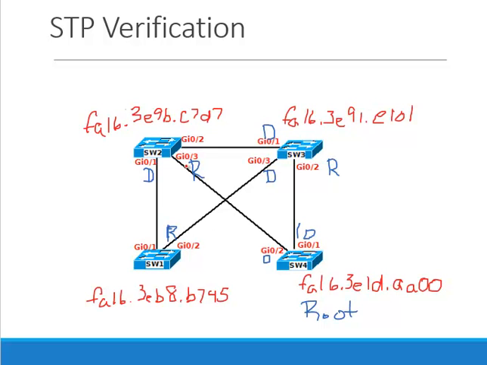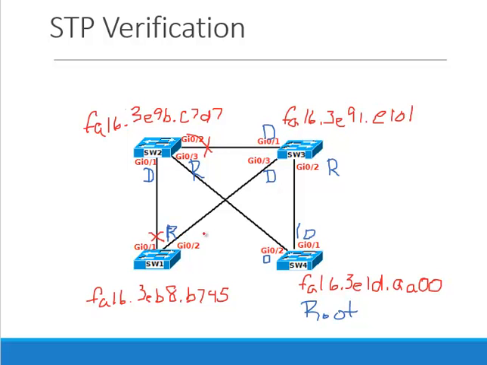So we have elected our root bridge, our root ports, and all our designated ports. All interfaces that are left are blocking. So Gig 2 on switch 2 should be blocking, and Gig 1 on switch 1 should be blocking, thereby breaking our bridging loops, or our layer 2 loops.